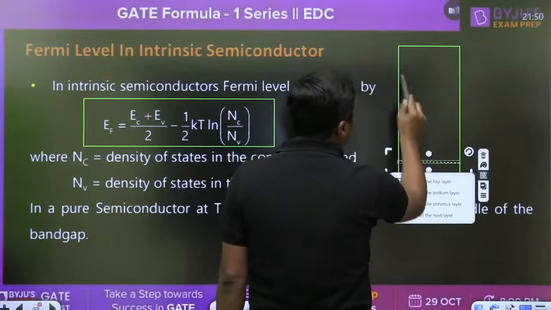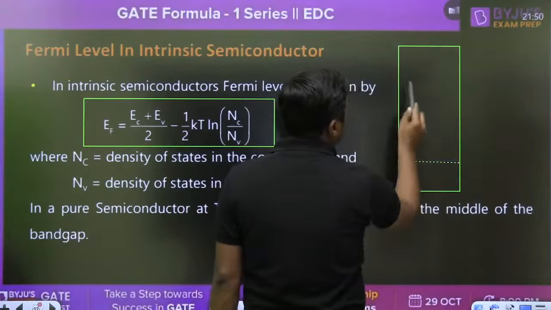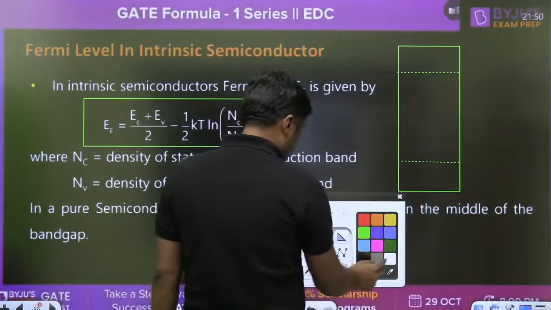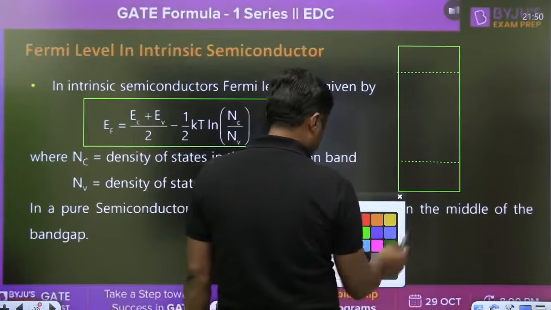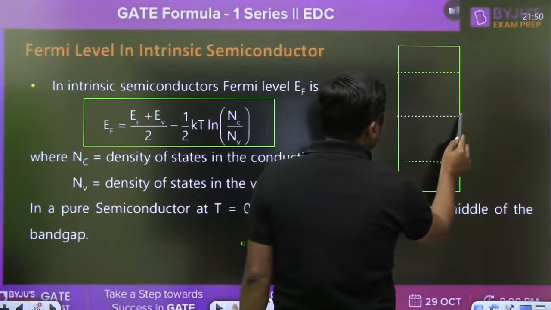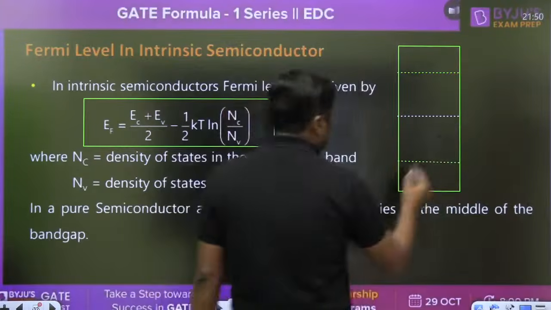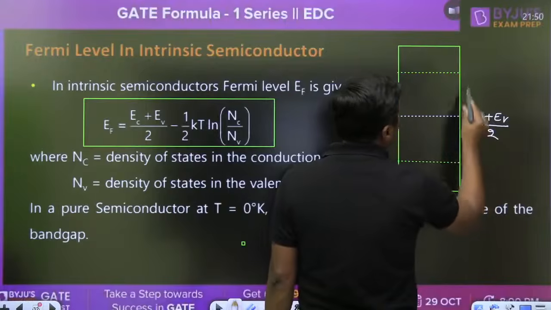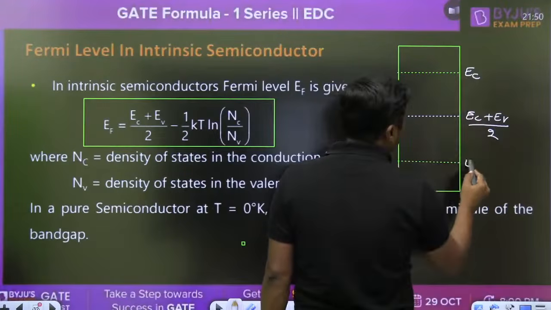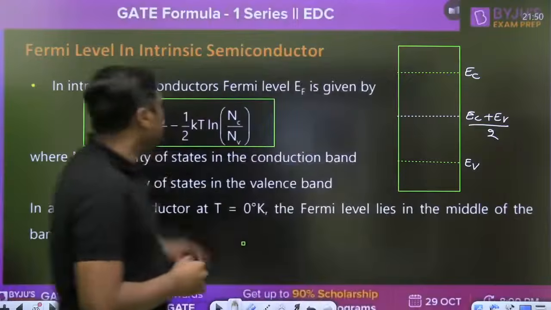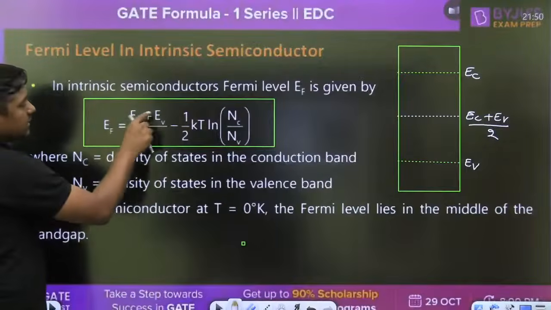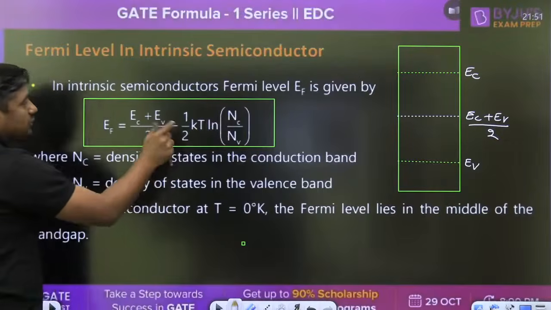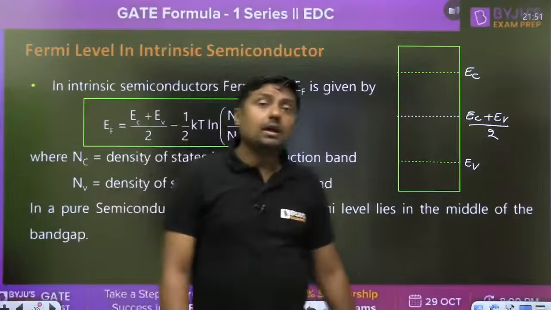This is Ev, Ec, and this is the middle level, (Ec plus Ev) by 2. So for intrinsic semiconductor, Ef equals (Ec plus Ev) by 2 minus kT by 2 log of Nc by Nv. You have to remember that formula, Nc by Nv.